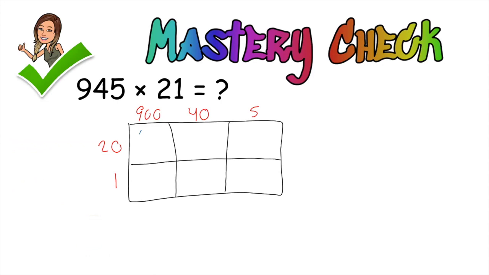So this first one, we have 900 times 20, which we can take away all 3 zeros and just have 9 times 2, which is 18, and then add all 3 zeros back to be 18,000. Then we have 40 times 20 to be 800.